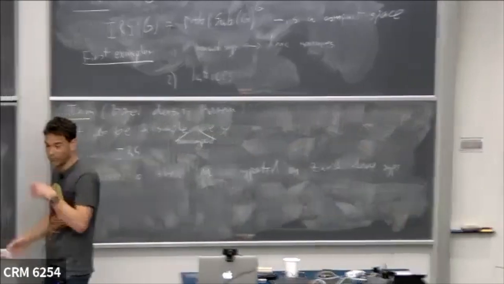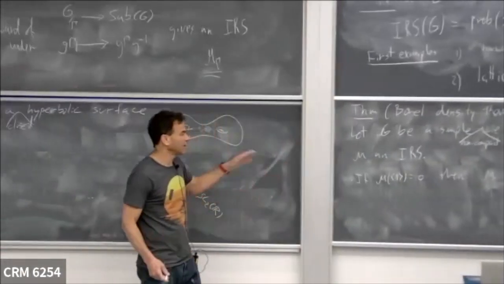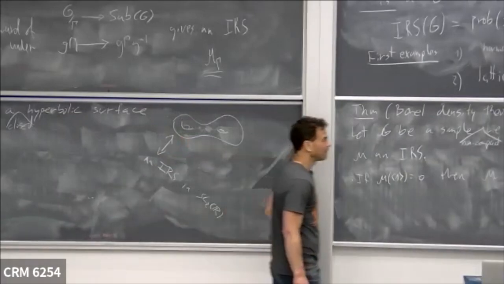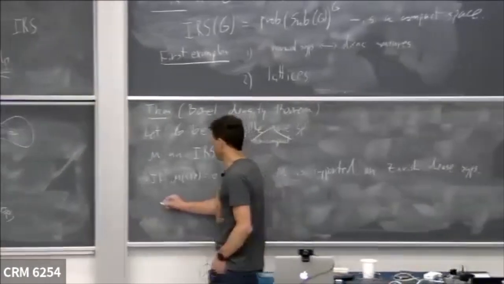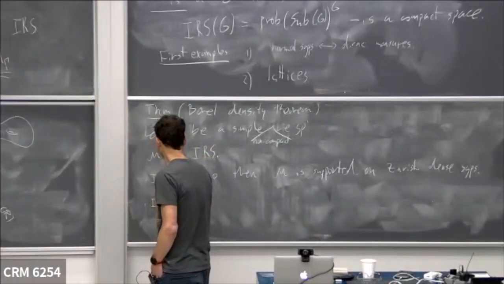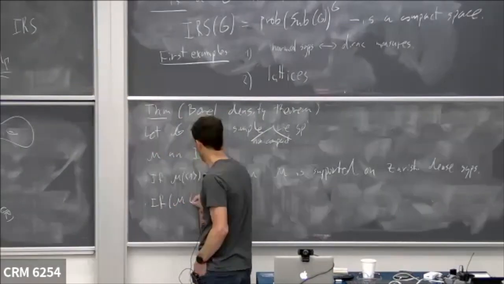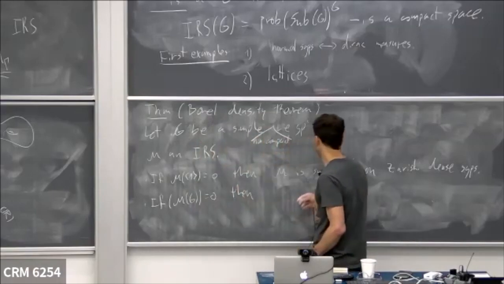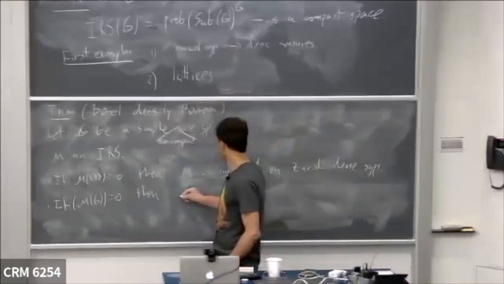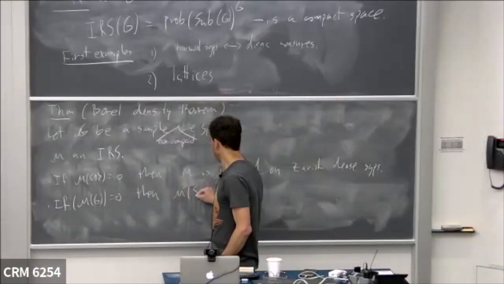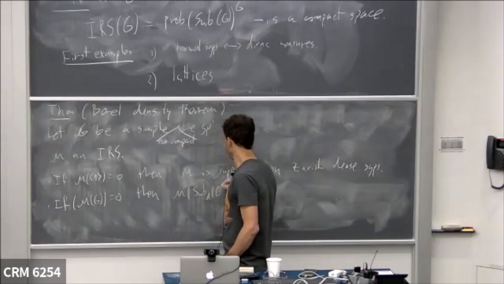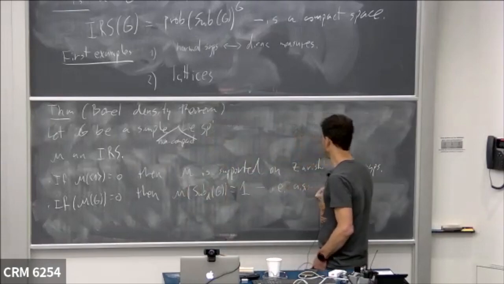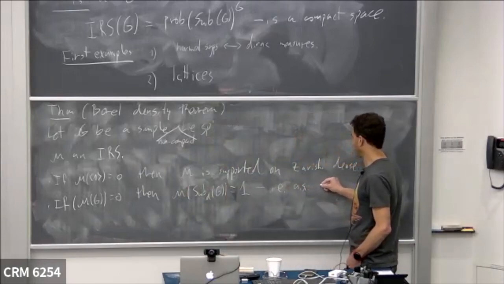Of course, one is a normal subgroup: you can have the trivial IRS, but otherwise anything in the support is Zariski dense. And second, if mu of the group G itself is 0, then almost surely you are discrete. Then mu of the discrete subgroups of G is 1, i.e. almost surely discrete.